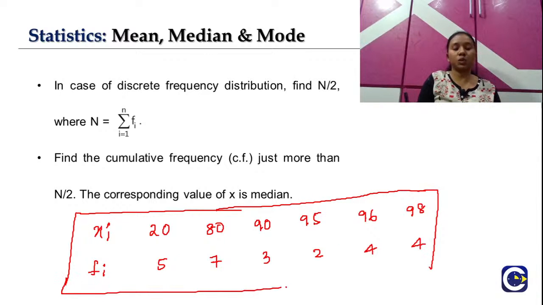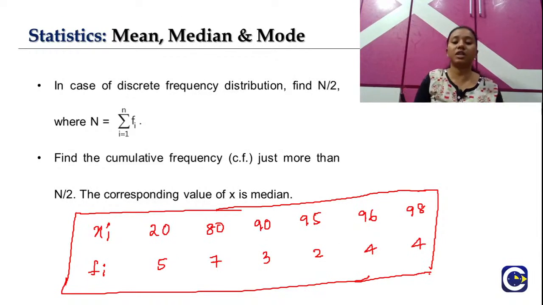Because we are almost done with our today's session, that's why I didn't explain the next method. The next one we could discuss in our next session. So we'll just solve this question as we have already discussed our formula and how to determine the median when the discrete frequency distribution is given. So give it a try guys quickly. Take 2 to 3 minutes, work it on and let me know the answer quickly.